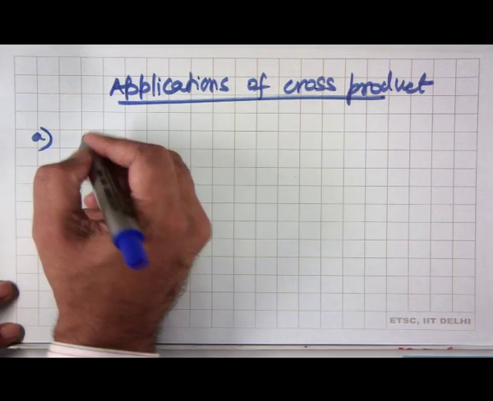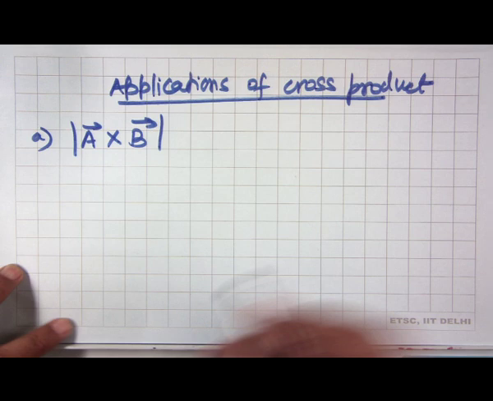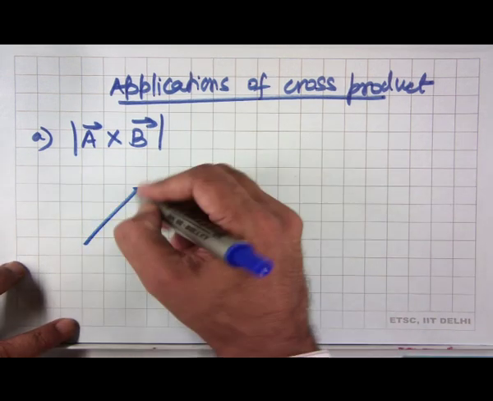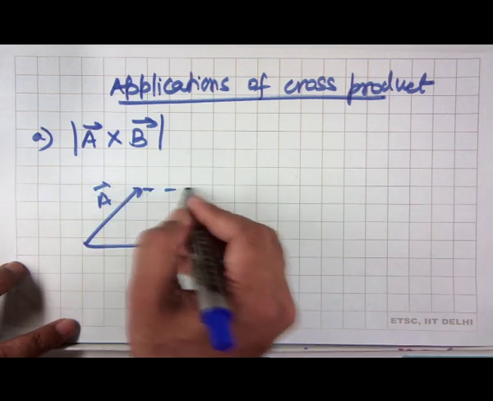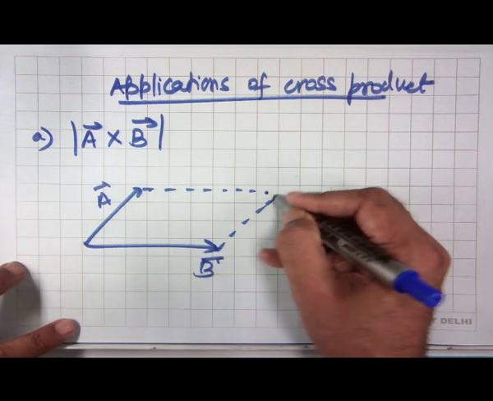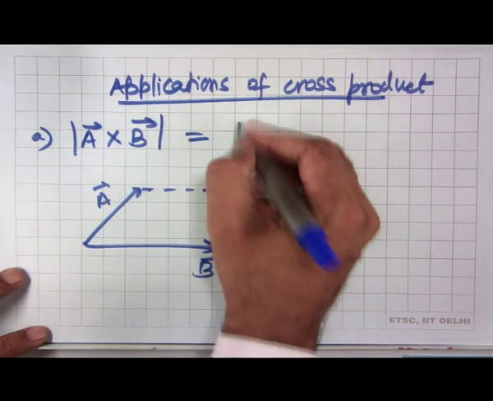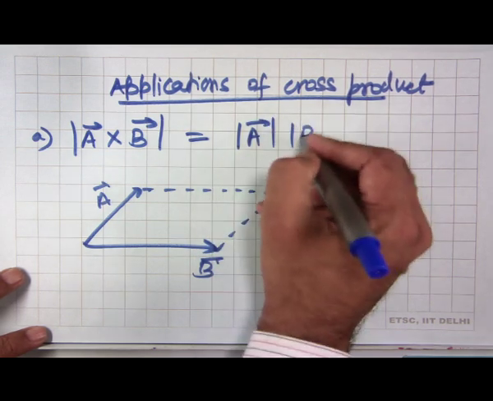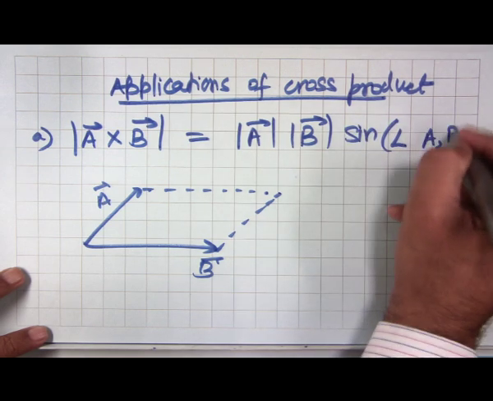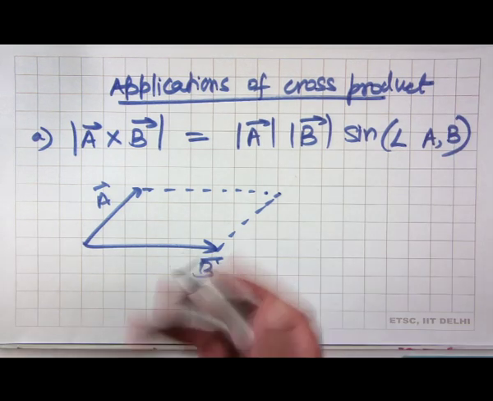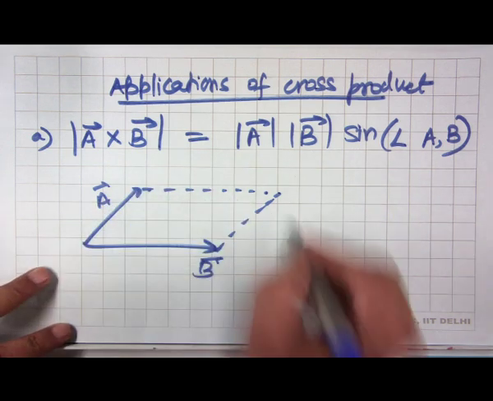The first one: if we look at the magnitude of A cross B, we have two vectors A and B, and if we look at the parallelogram formed by them, then the magnitude of A cross B is given by magnitude of A times magnitude of B times sine of the angle between A and B. If you look at this parallelogram, this is also equal to its area.